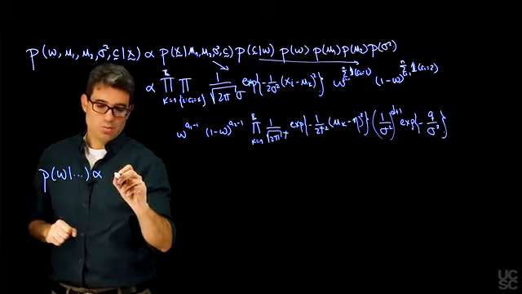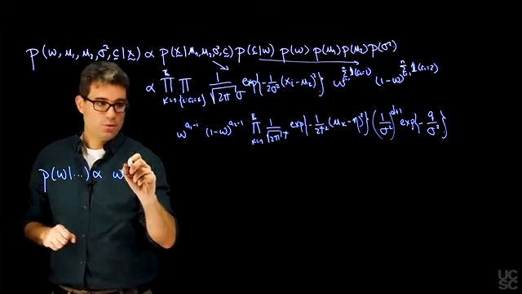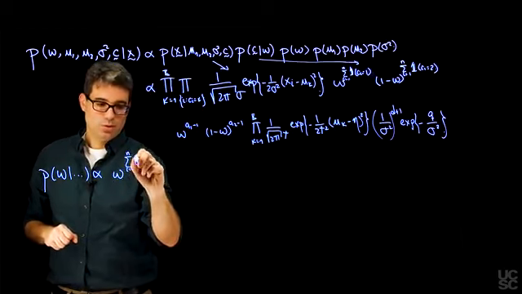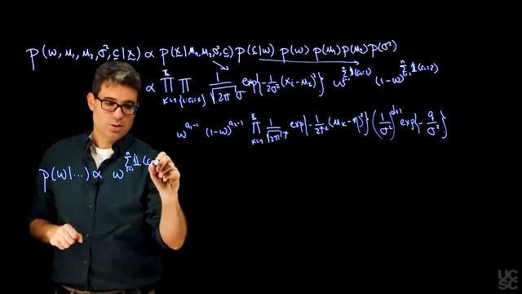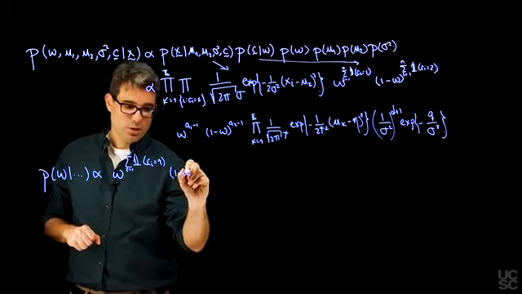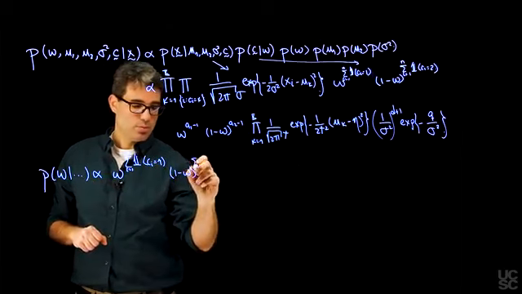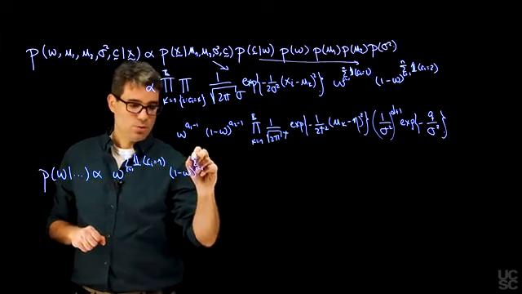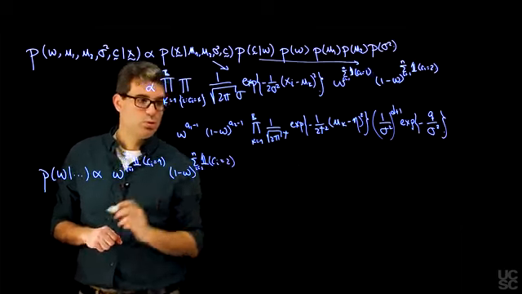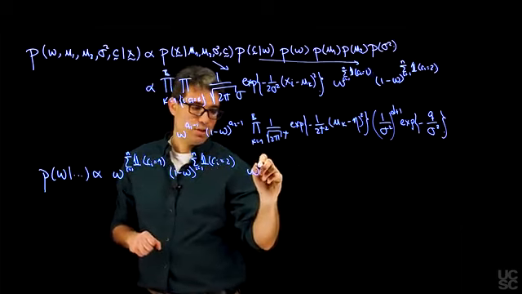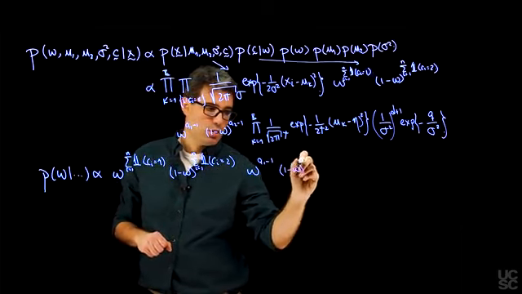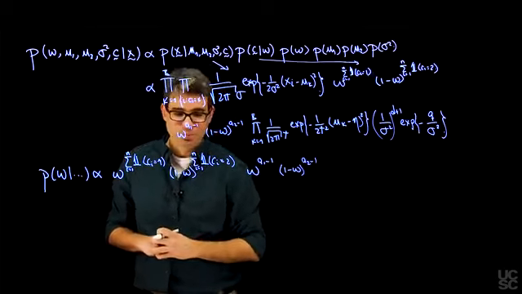So this just becomes proportional to omega to the sum from 1 to n of indicators that c sub i is equal to 1 multiplied by 1 minus omega to the sum of indicators that c sub i is equal to 2, multiplied by omega to the a1 minus 1, 1 minus omega to the a2 minus 1.